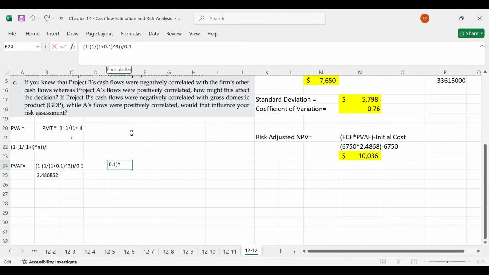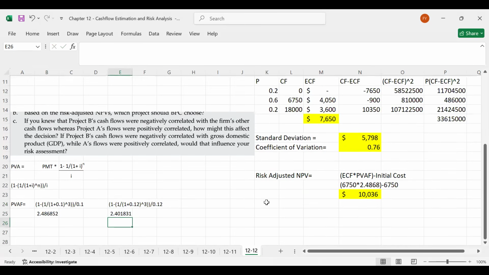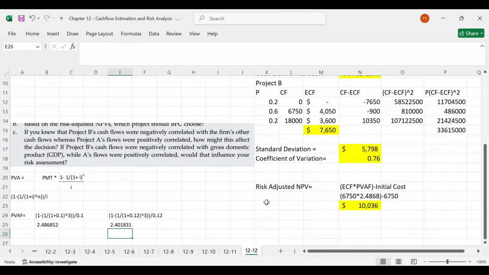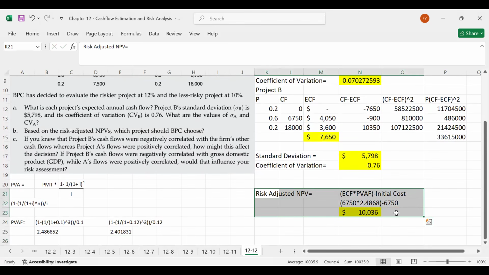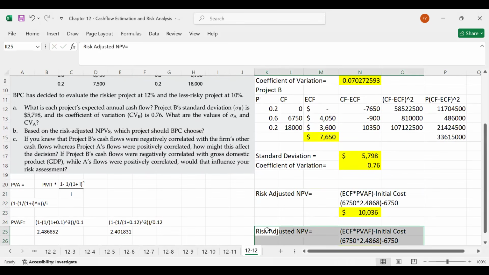Instead of taking 10%, we are going to take 12%. The time remains the same. So the factor would be this one, 2.401. So the risk adjusted NPV.